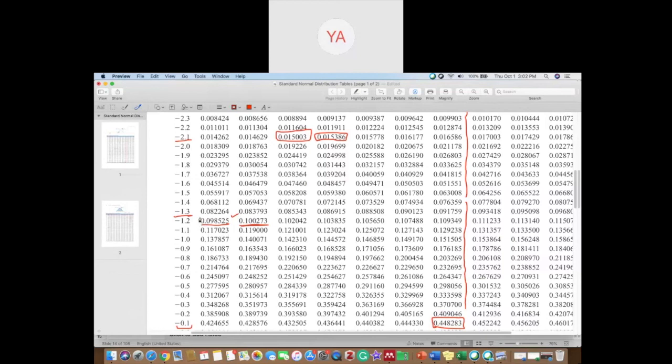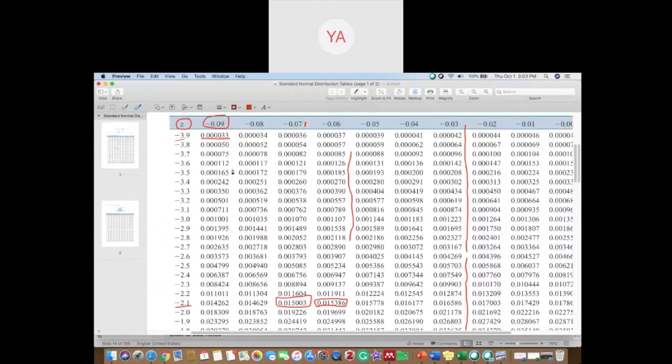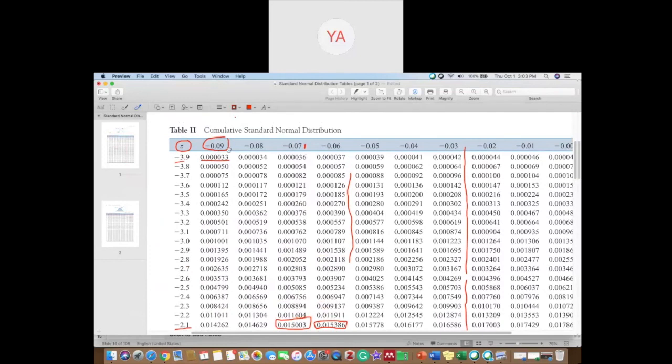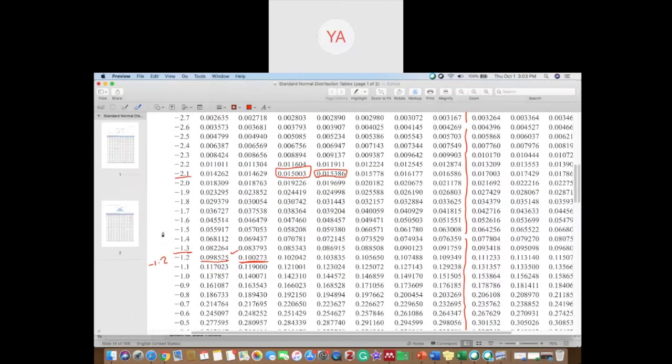So this will be my z probability value here. What is my z score? This is minus 1.2, and the next decimal place is 0.9. So it will be minus 1.29. That is what your z score is.